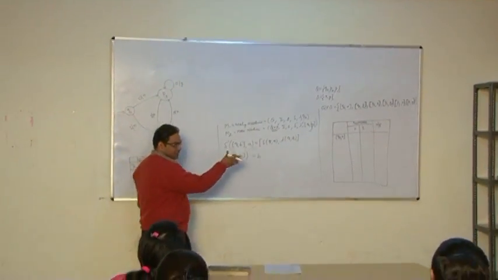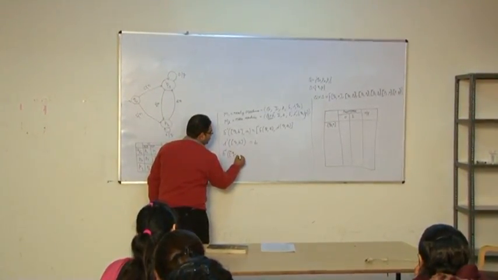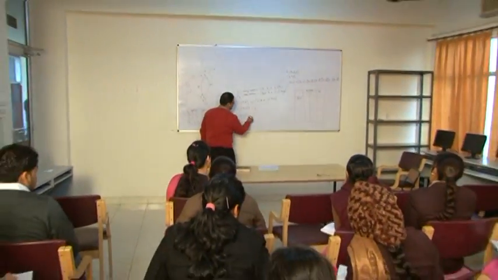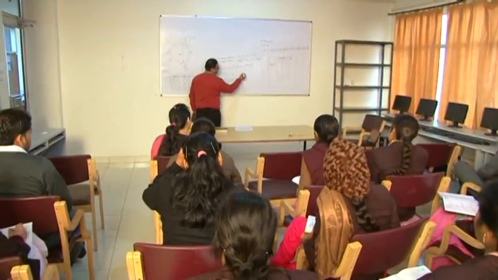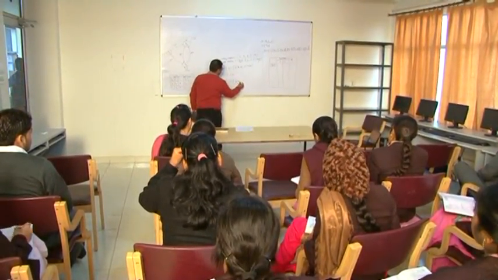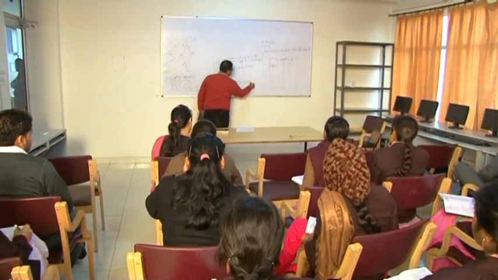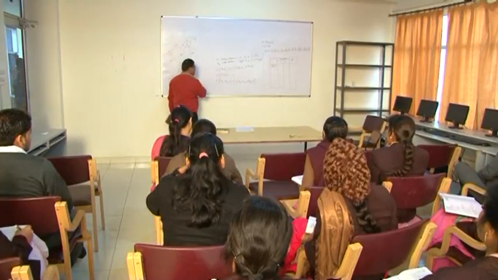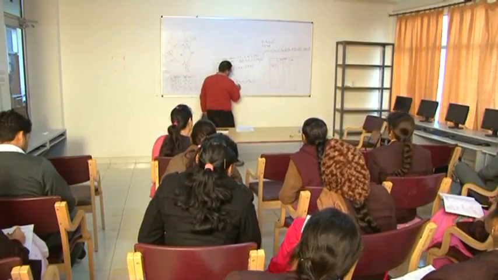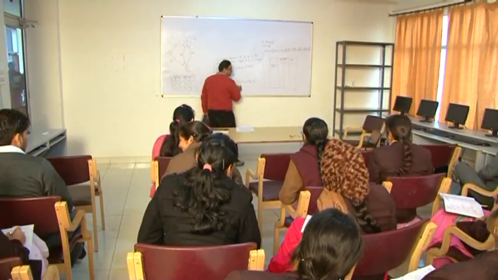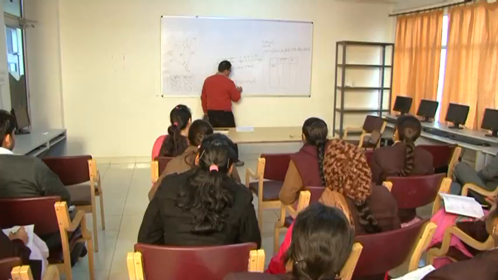Simply put the values over there: delta dash of Q node comma N comma 0 equals delta of Q node comma 0, comma lambda of Q node comma 0. Just pick the values from this table. What is Q node 0? E node. Okay, what is lambda? And N.